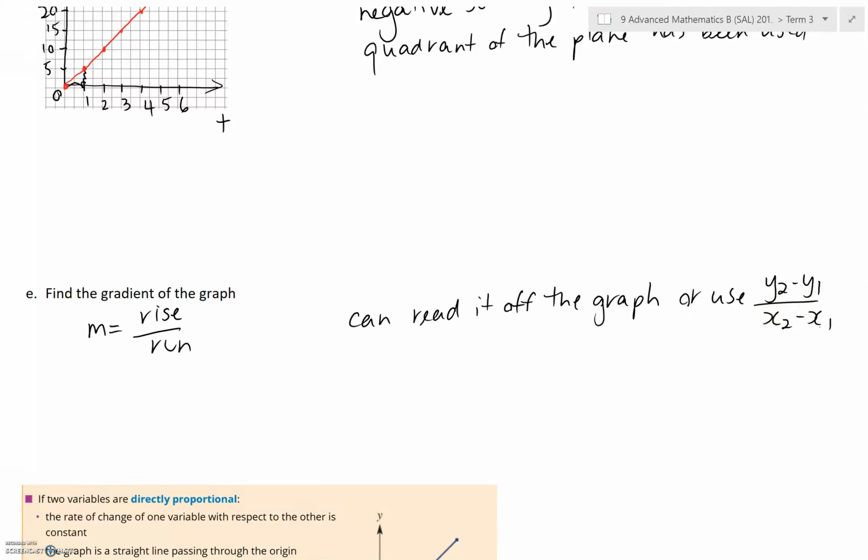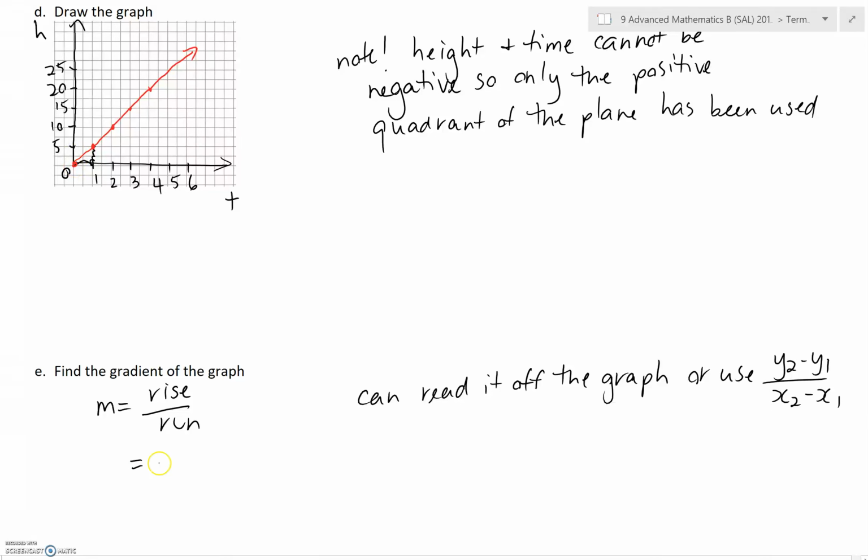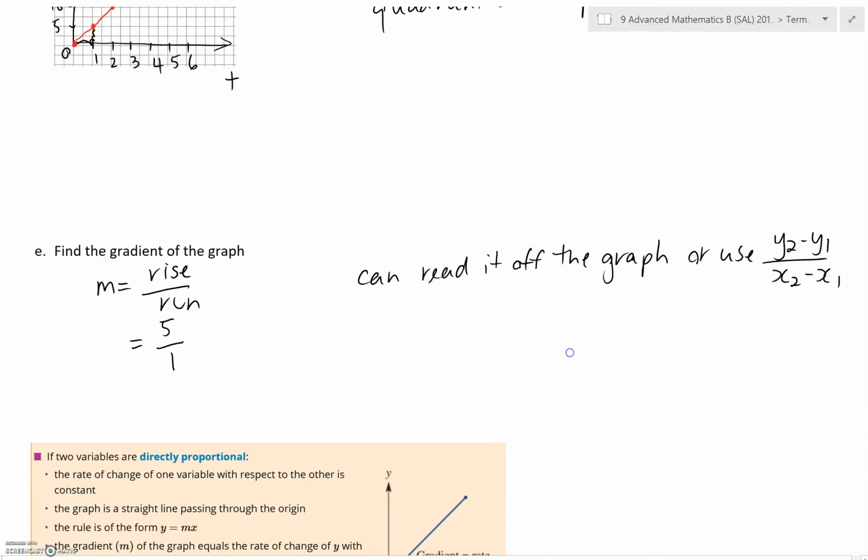Okay, so if you read it off the graph, which we might do here, rise is how much it's gone up. So if we just use the first 2 points, it's gone from 0 to 5, so that means it's risen 5 places. And if we use the first 2 points as well to find the run, it's gone from 0 to 1 horizontally, so that's moved 1 place. So that means our rise over run is 5 over 1, or of course 5, which is our gradient.